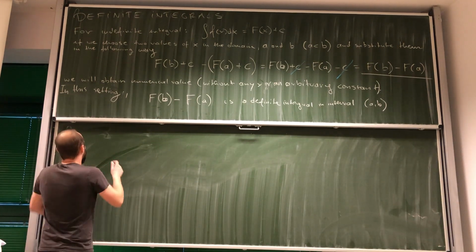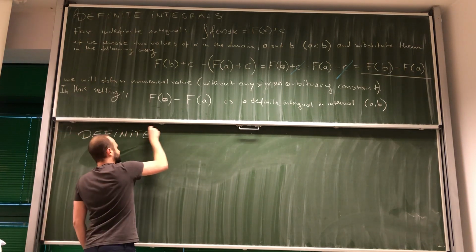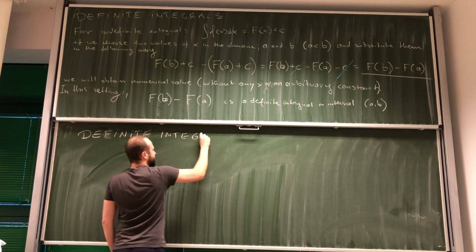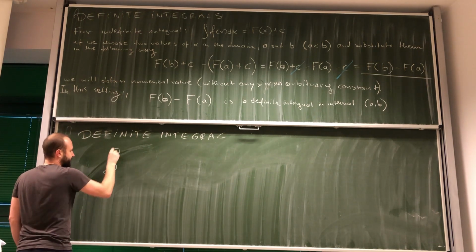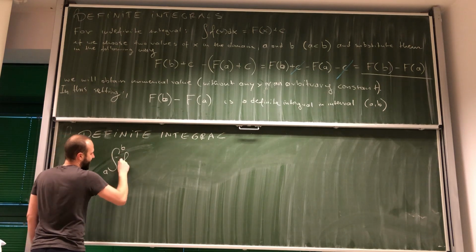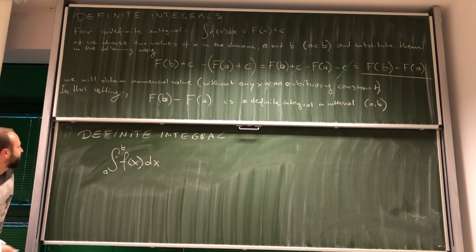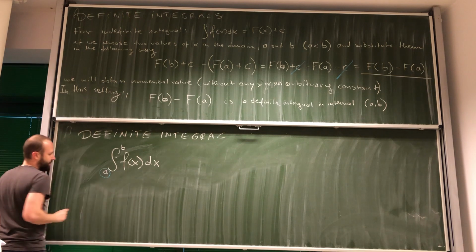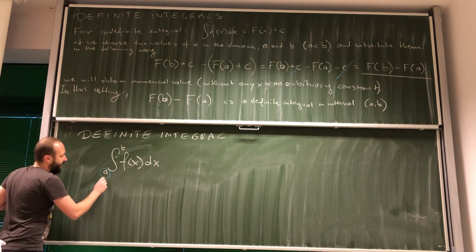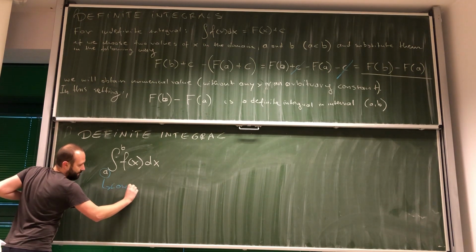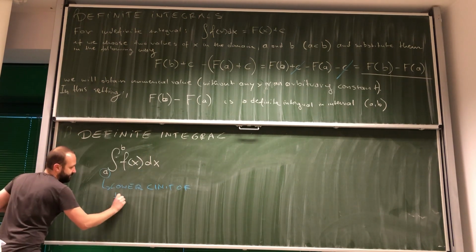Okay, let's summarize. If we have now a definite integral, we write it as integral from a to b out of f of x dx, where, now look, this a that you see over here is the beginning of this interval AB, and we call it lower limit of integration.